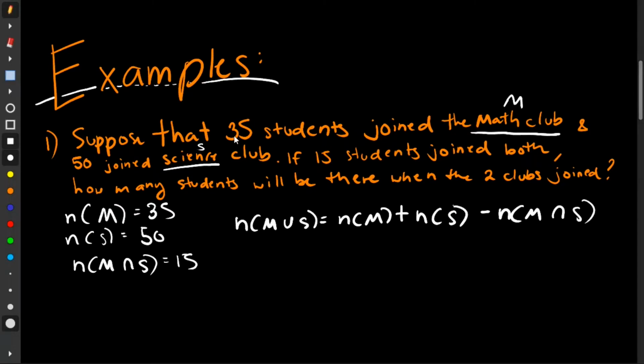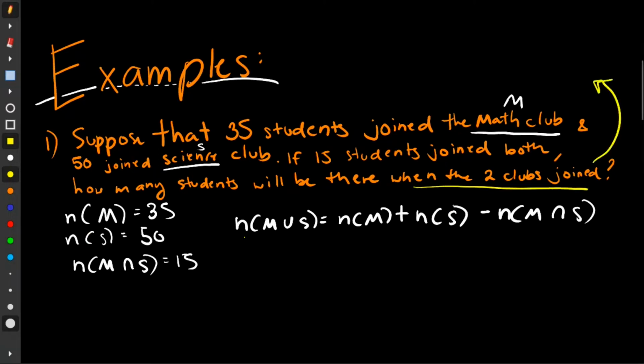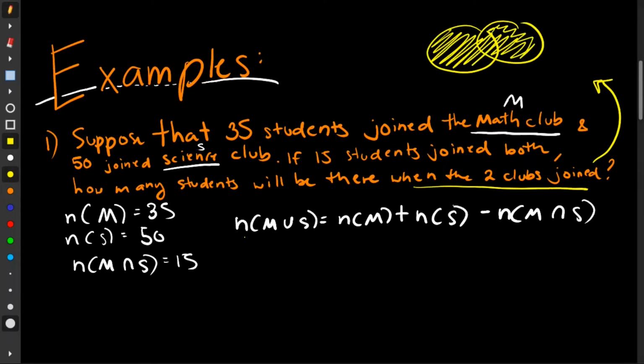If you're confused why we're taking the union here, it's since we are asked about when the 2 clubs join. In a diagram, it refers to this one. When we refer to this one as a whole, that's simply a union.